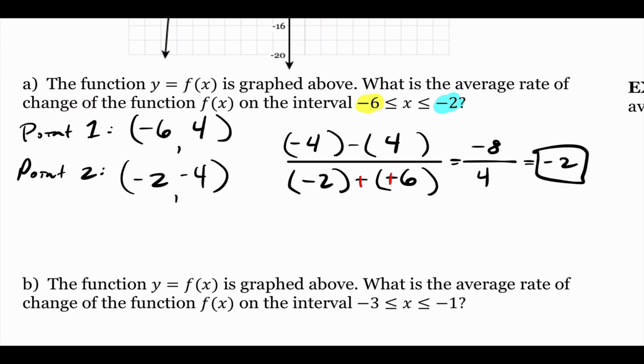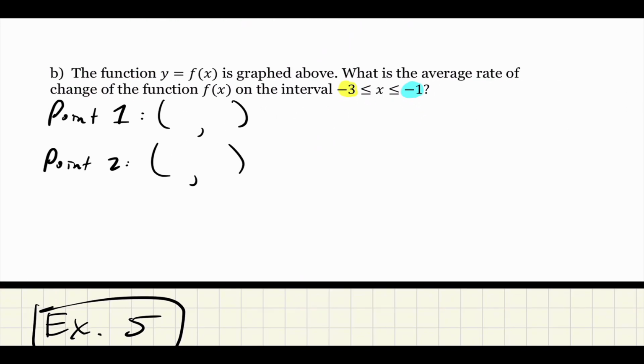Okay, all right, do letter B now. Try letter B. Using the same graph, find the rate of change from -3 to -1 now. So we start at -3 and go to -1. So -3, comma something, to -1, comma something.